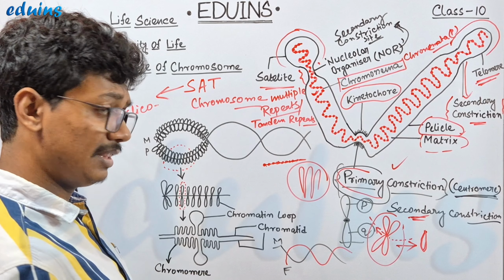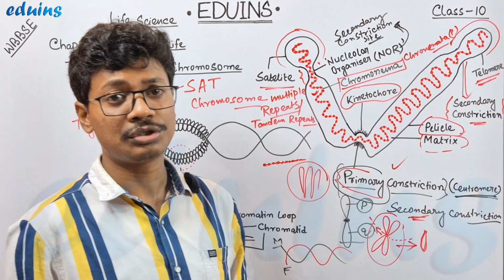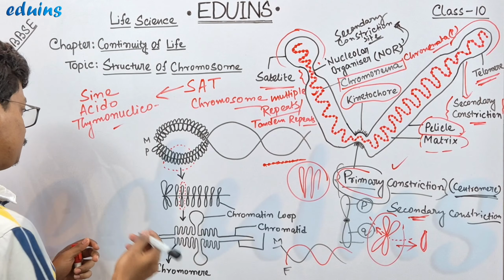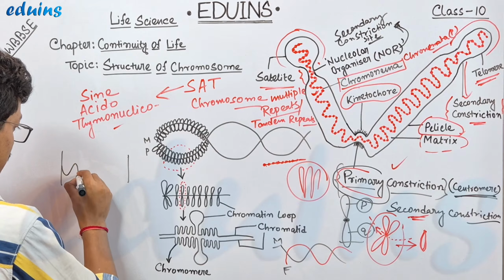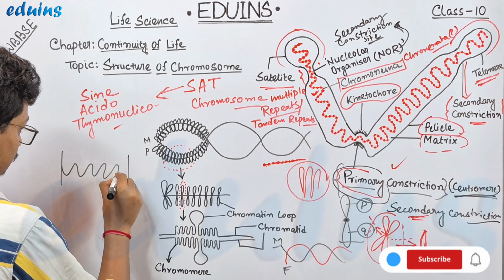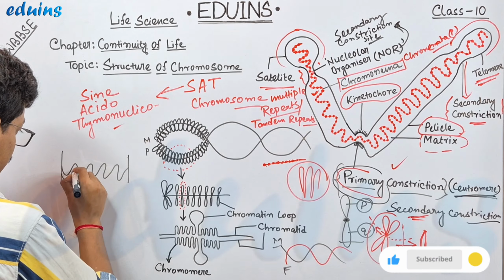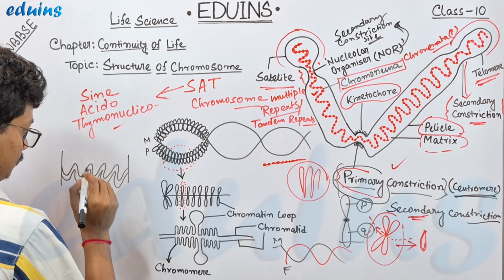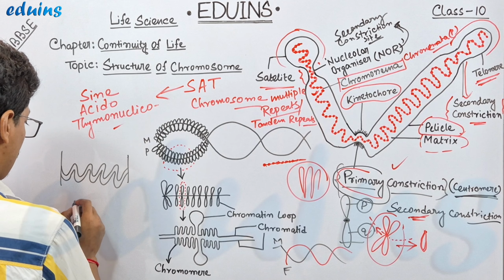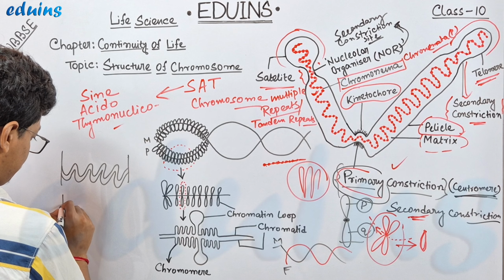Here the chromosome orientation is also of two types. It may be loosely packed like this, or like this.